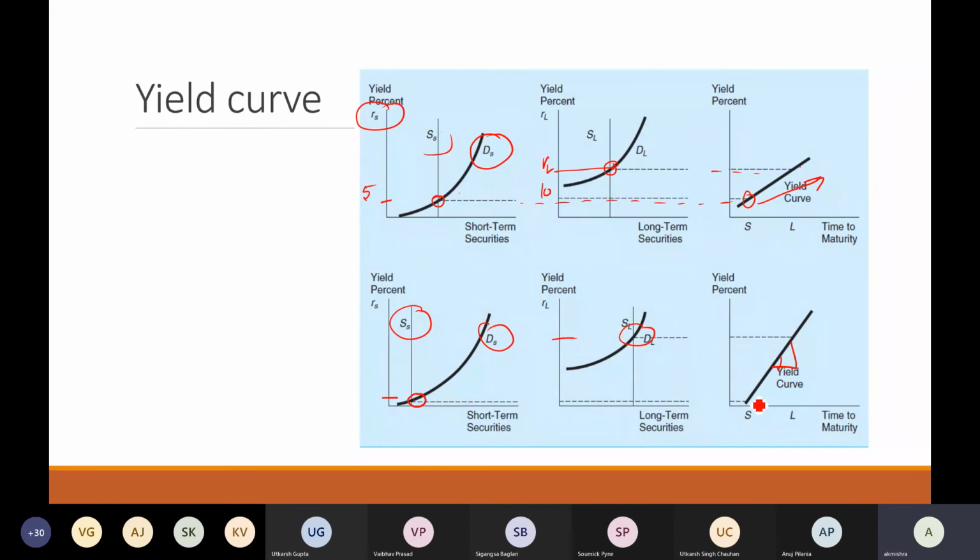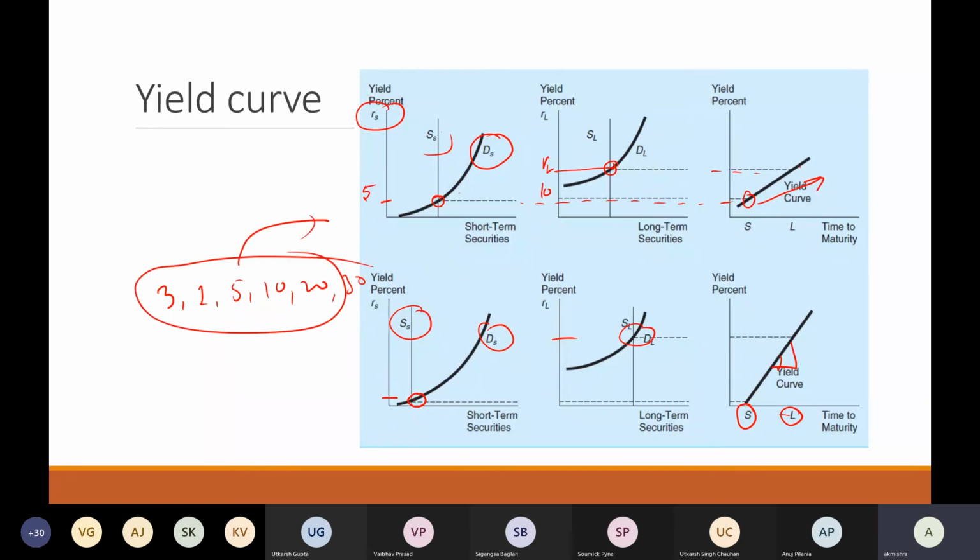So you can think of this as only small and large that we have considered. You can think of in between: 3 months, 1 year, 5-year, 10, 20, 30 years. So this kind of theory, if you put the demand and supply schedule together with the market segmentation theory, then you may have different types of yield curves.